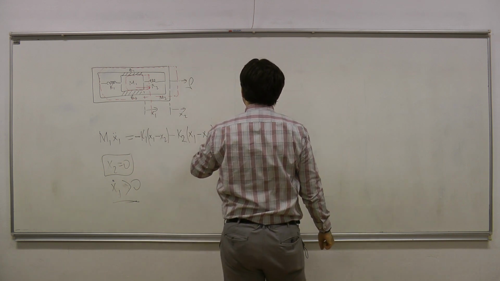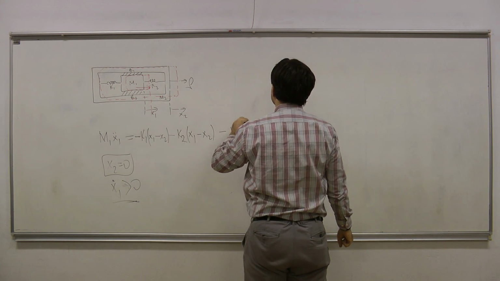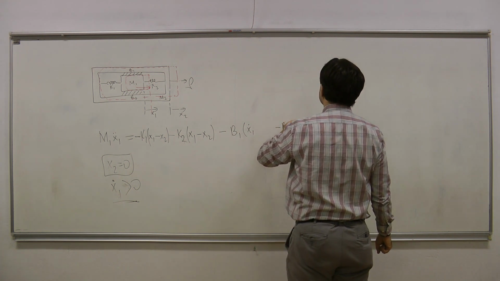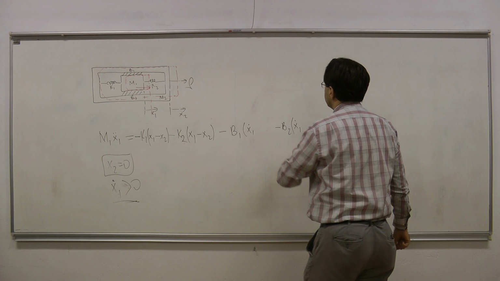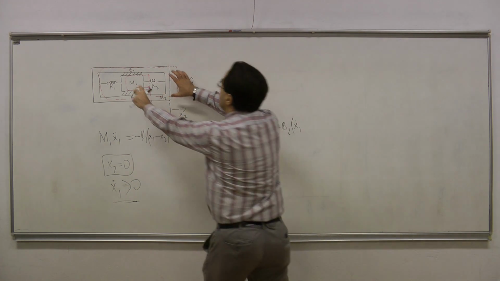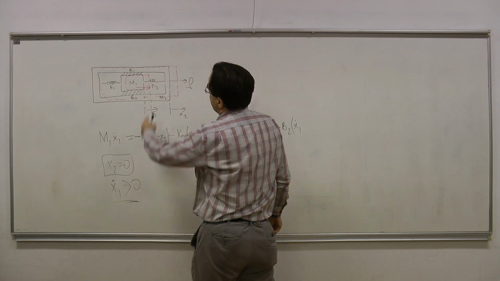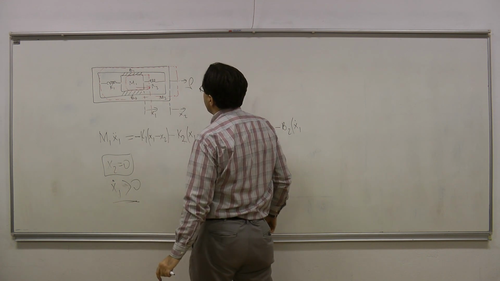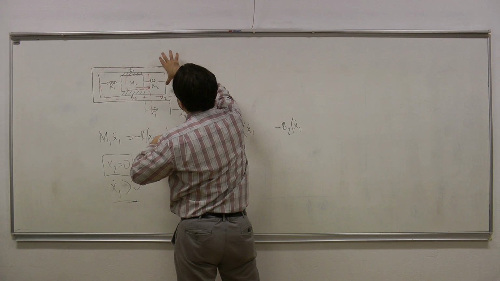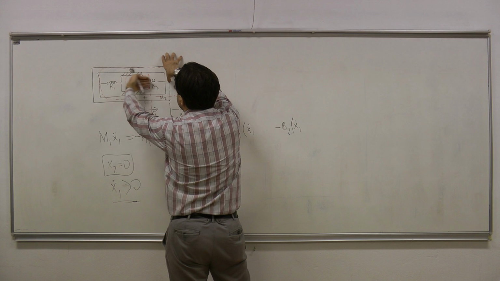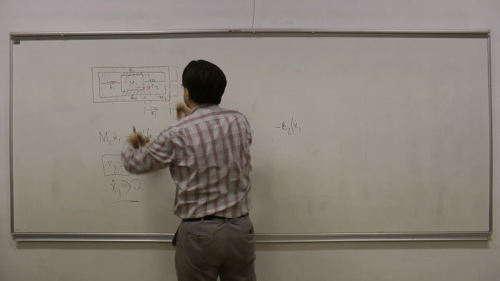So I would have minus b1 x1 dot here and minus b2 x1 dot here. These are the friction forces due to these two friction elements when I fix the mass x2 at 0 and move only m1 towards the right.